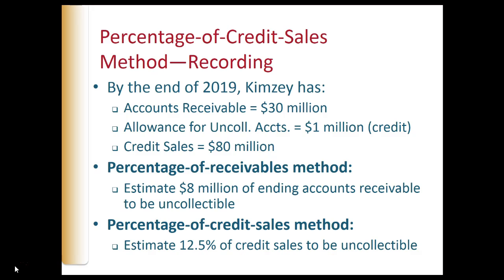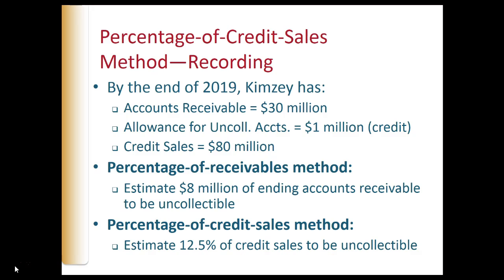So let's compare the percentage of credit sales method to the percentage of receivables method. As in the previous slides, assume Kimzey's 2019 ending balance of accounts receivable is 30 million. Kimzey estimates that 8 million of these receivables will not be collected next year. This estimate comes from the percentage of receivables approach, which bases the estimate of bad debts off a percentage of receivables, often using an aging approach.